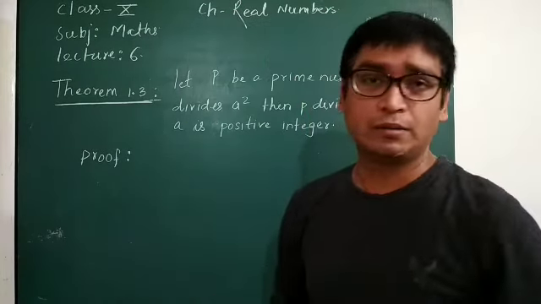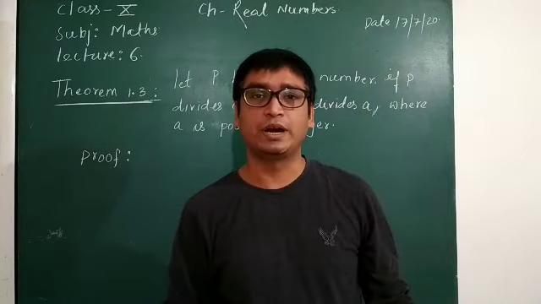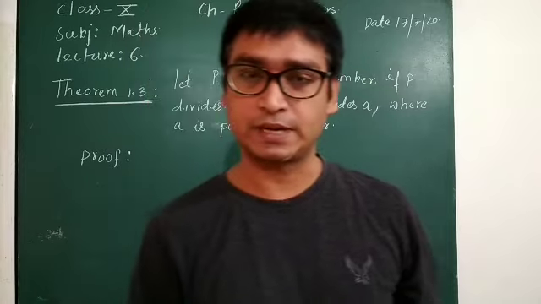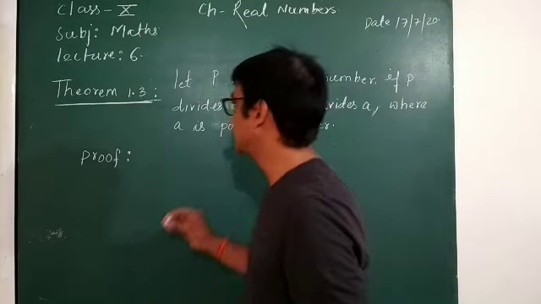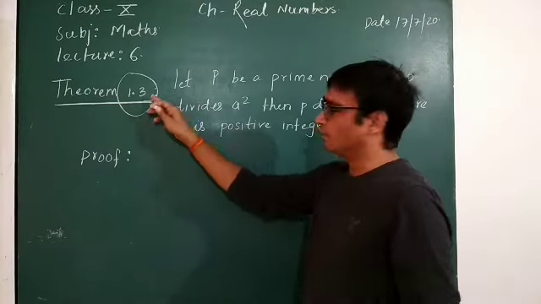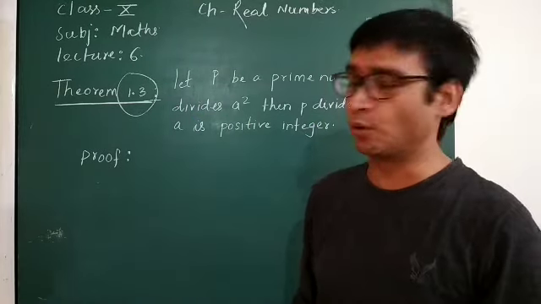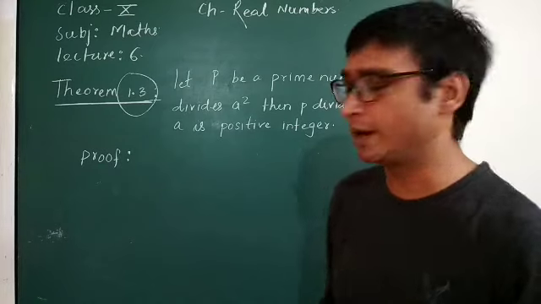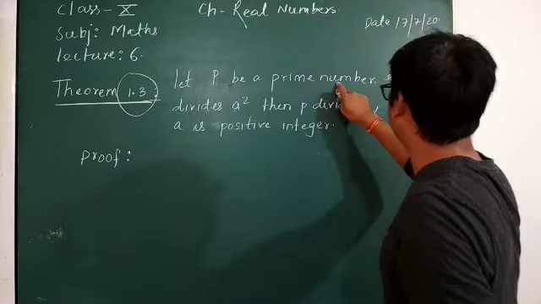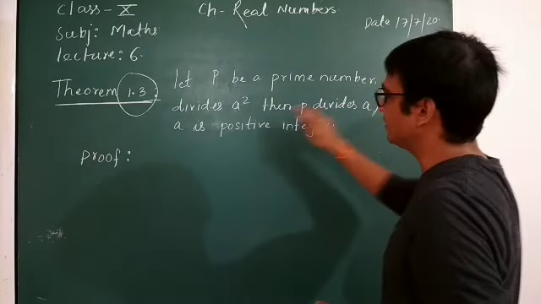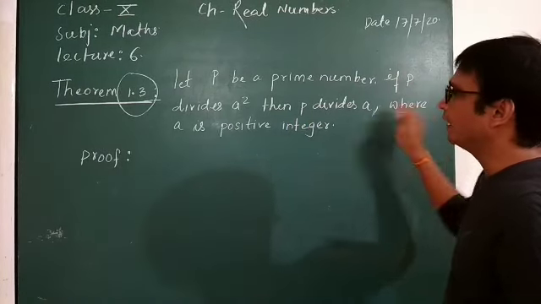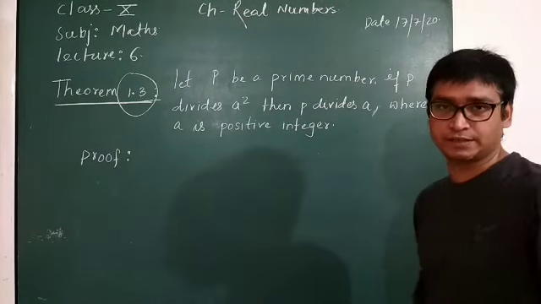Now in this lecture, before we go to exercise 1.3, we have to discuss two important theorems regarding this exercise. The important theorems are 1.3 and 1.4. So first we will discuss 1.3. Let P be a prime number. If P divides A square, then P divides A, where A is a positive integer.